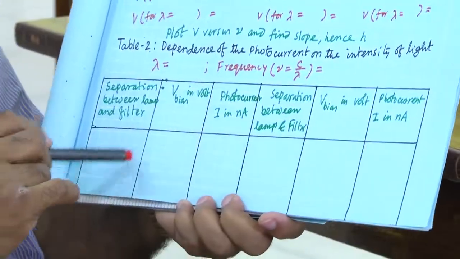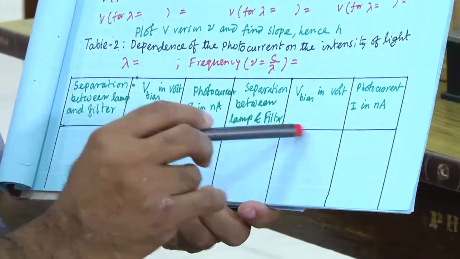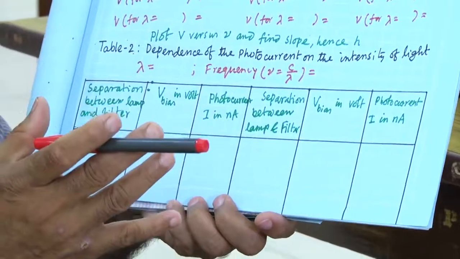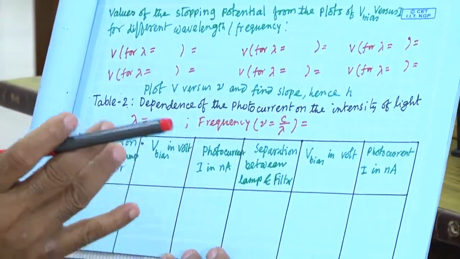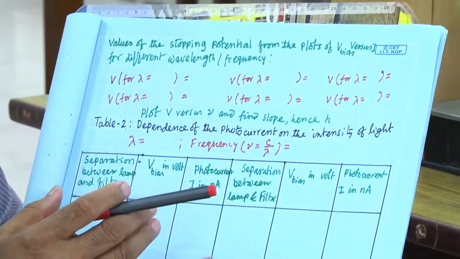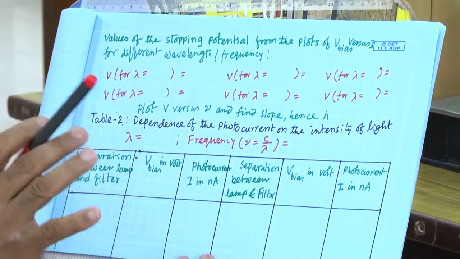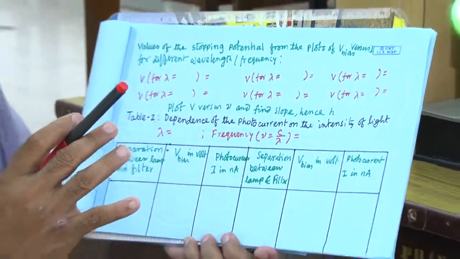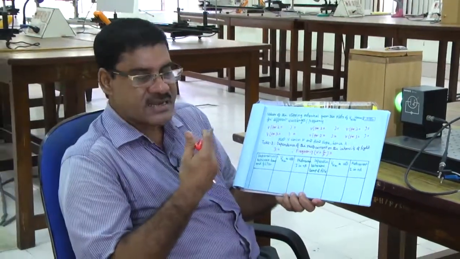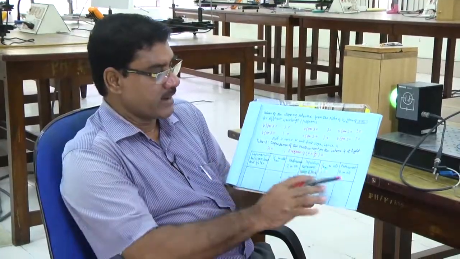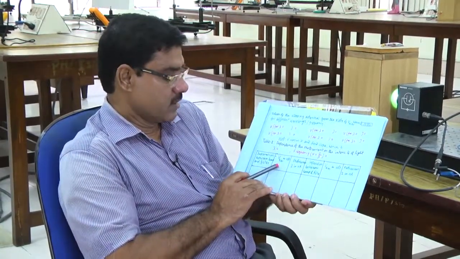This way we will see how the photocurrent, or ejection of electrons from the cathode surface, changes with the intensity of light. We will draw a graph and we can see the nature.